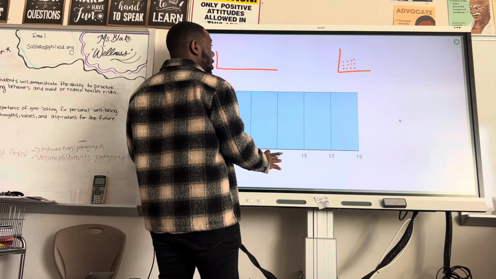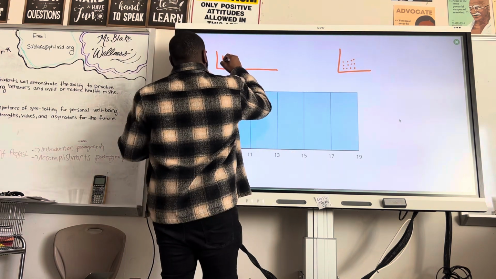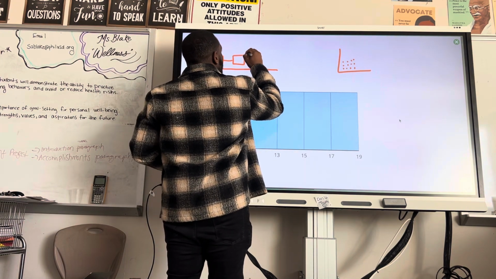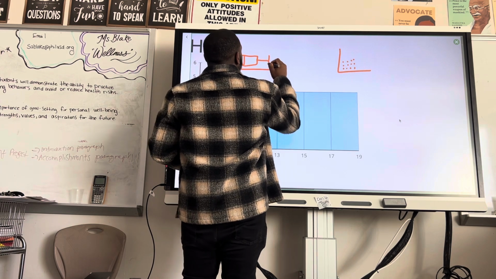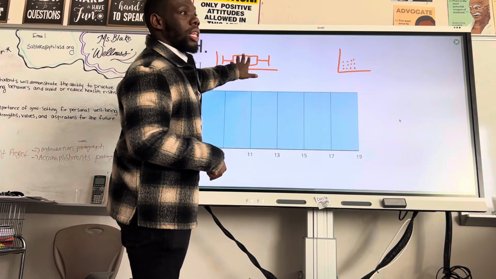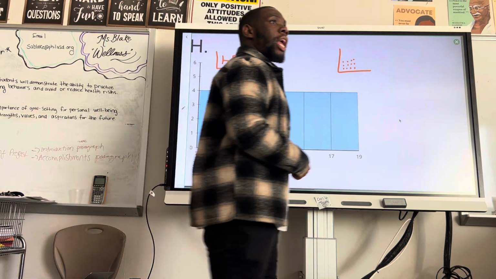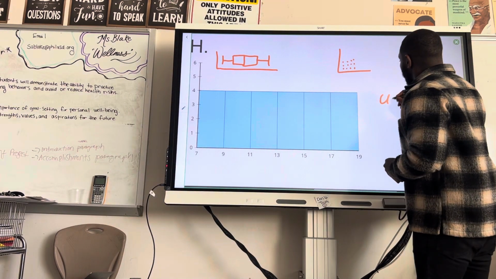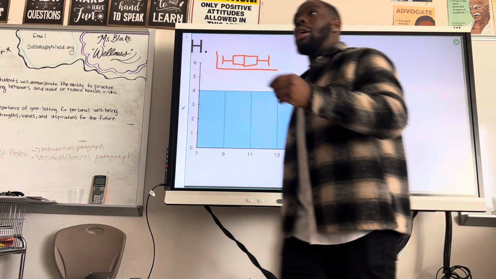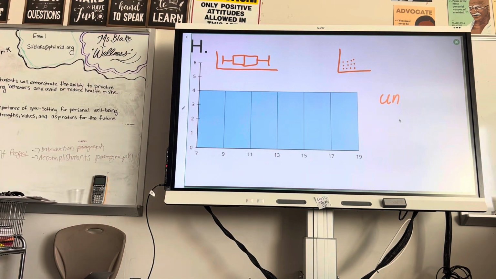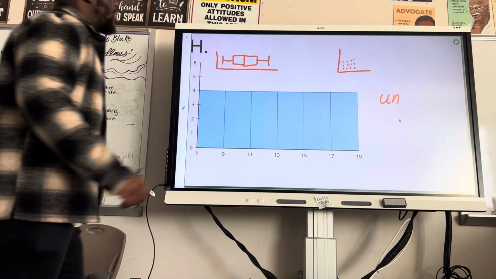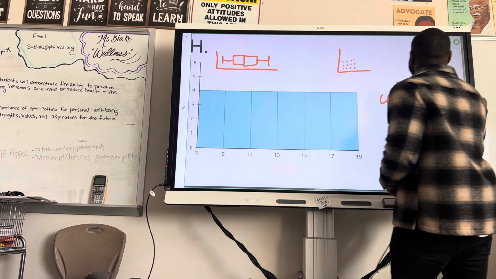But when a box plot is uniform, the differences between the Q1, Q3, Q2, and minimum and maximum are almost exactly equal. That's the same as that, the same as that. And so you end up with this uniform structure. Anybody guess what we call these? These are uniform. This is uniform.